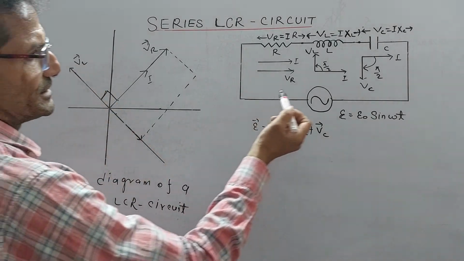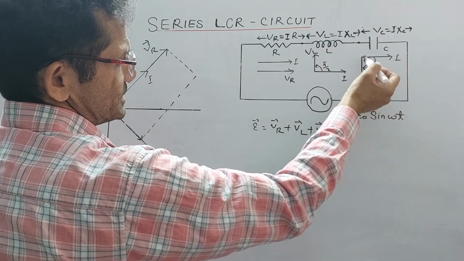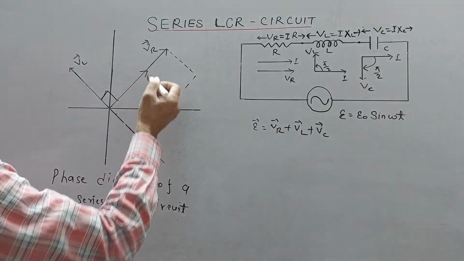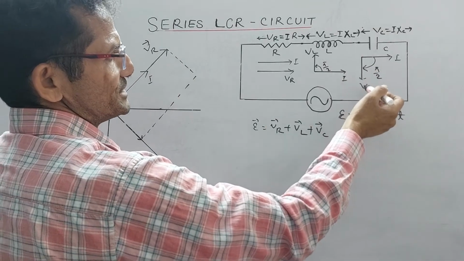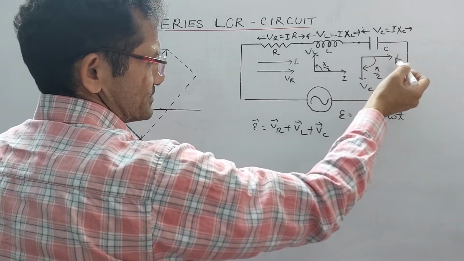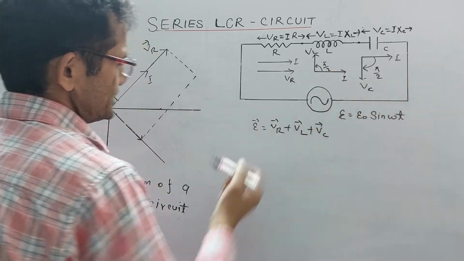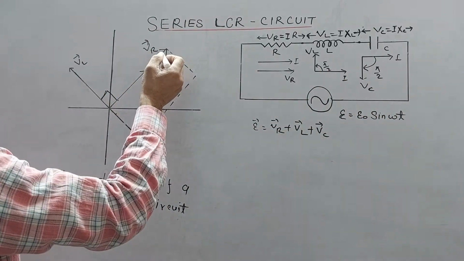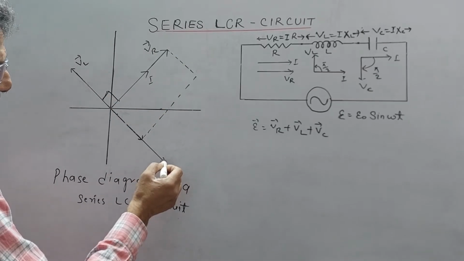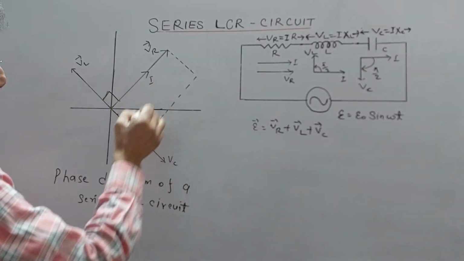Similarly, here the current is ahead of VC by an angle of pi by 2. This is your current vector. We have drawn VC after rotating pi by 2 from the current vector in the anti-clockwise direction.